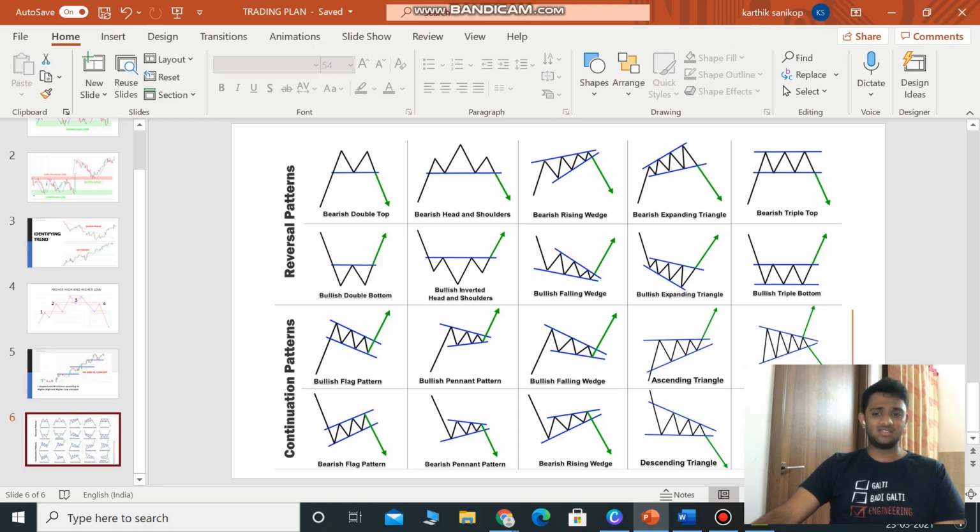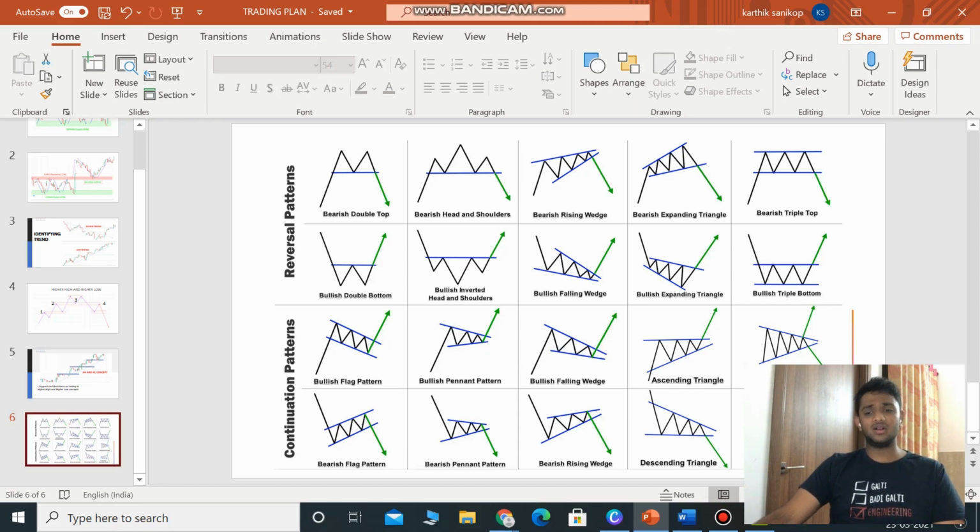Basically these two act as good support. When the support is broken, you start finding it as a good resistance, and you can see heavy momentum and the stock keeps going below. The same happens with double bottom, double top, and wedge triangles.